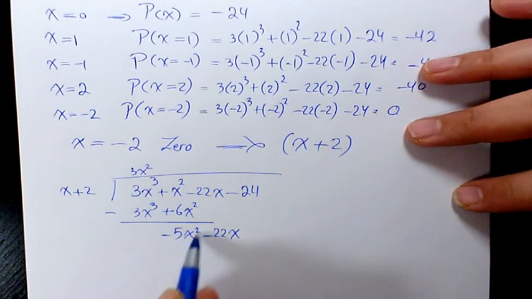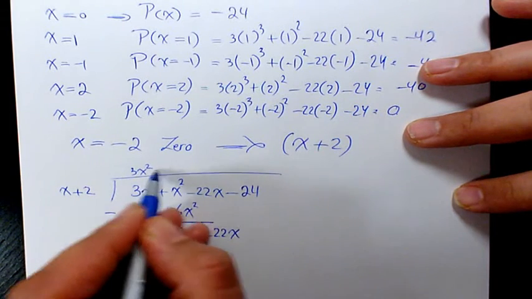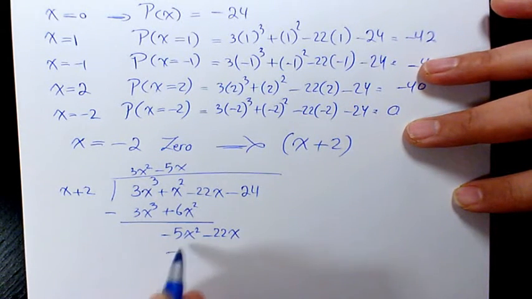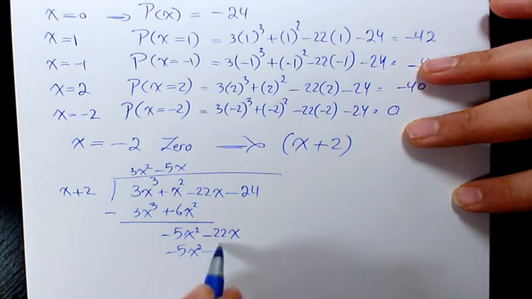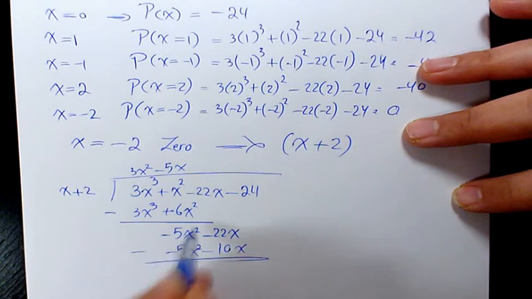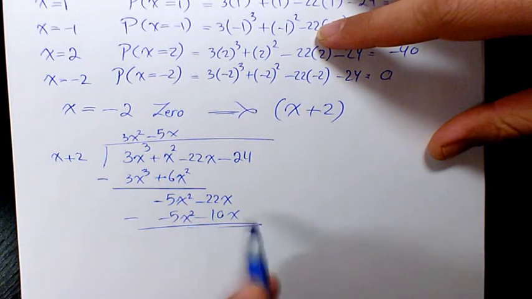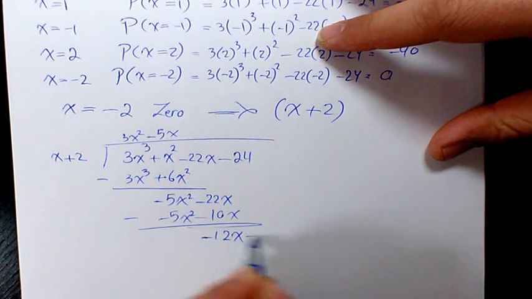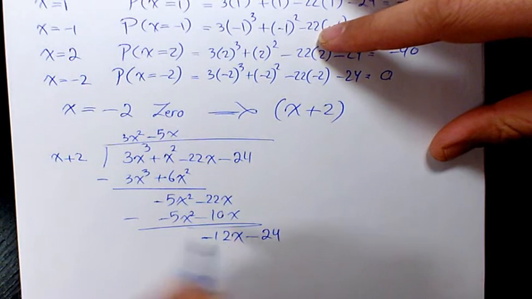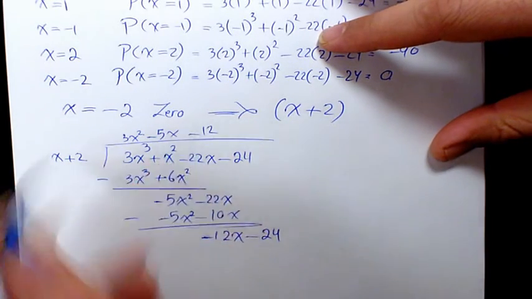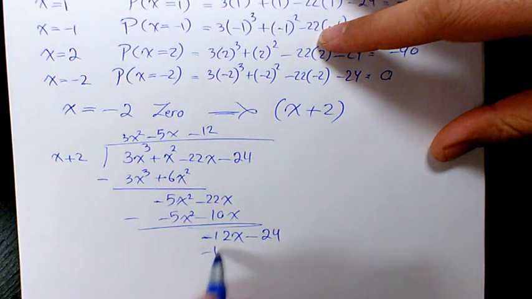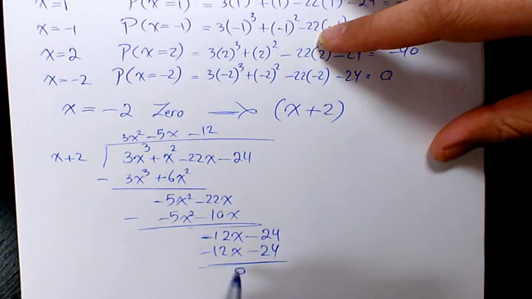Then negative 5x squared divided by x is going to be negative 5x. When you multiply, it's negative 5x squared minus 10x. That is going to be cancelled out. Negative 22x minus negative 10x is going to be negative 12x minus 24. Negative 12x divided by x is going to be negative 12. When you multiply negative 12 times positive 2, it's going to make it 0.